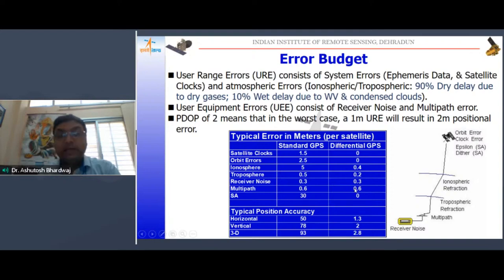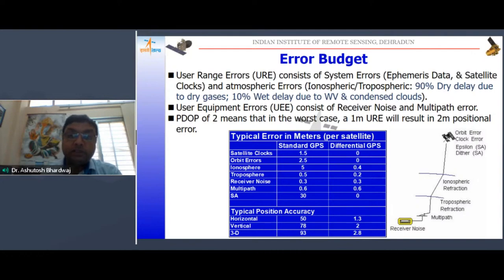So that is why we are using the DGPS, and that provides us an accuracy of the order of a few meters if we are finding the solution from CA code. There are two types of solutions which we get for the DGPS.